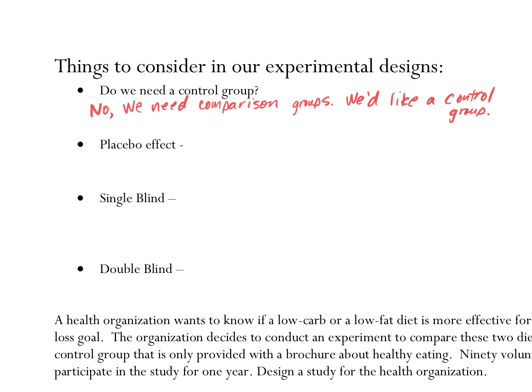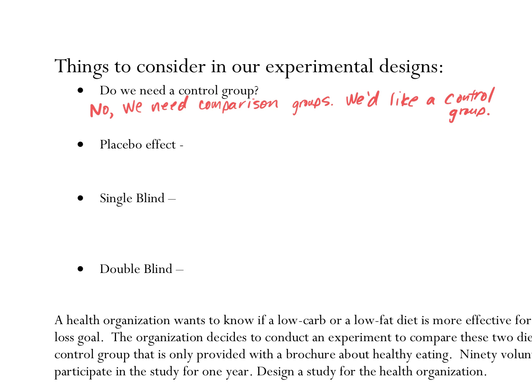What is a control group? It's a group that didn't receive a treatment. But sometimes that's impossible. For example, if I wanted to test a new statistics program to teach you guys statistics, I'm teaching you statistics no matter what.